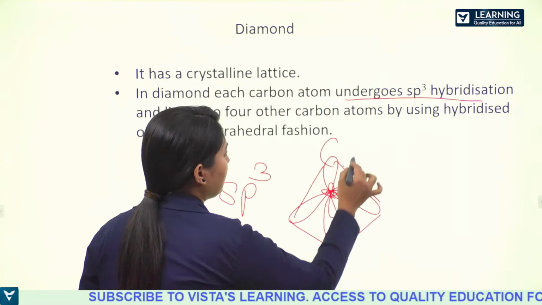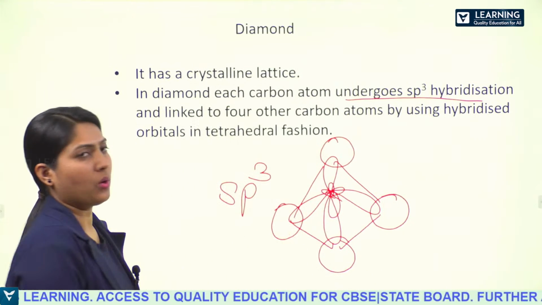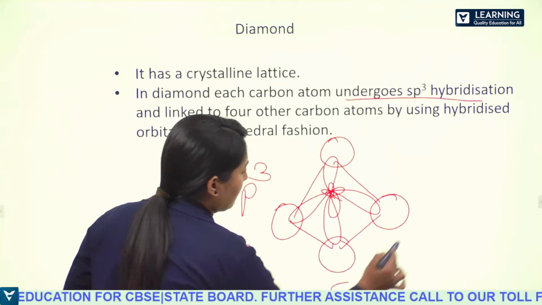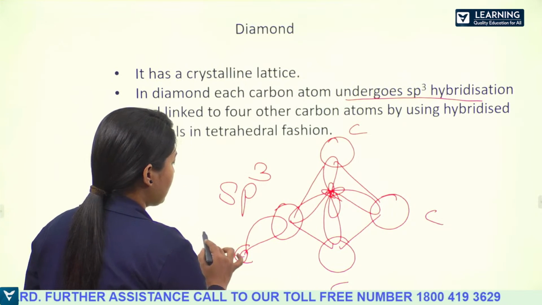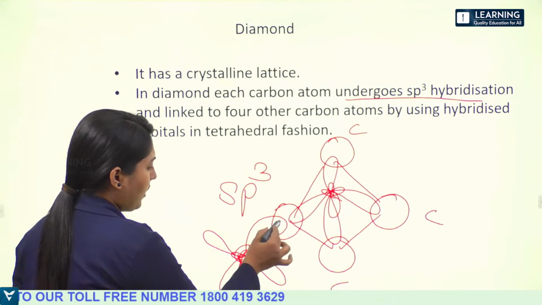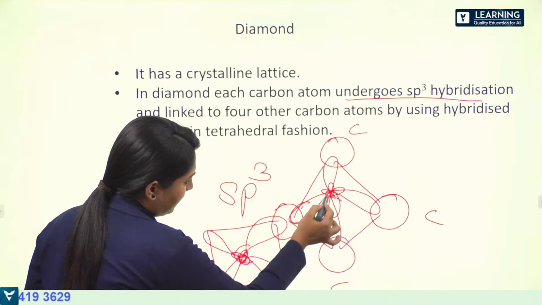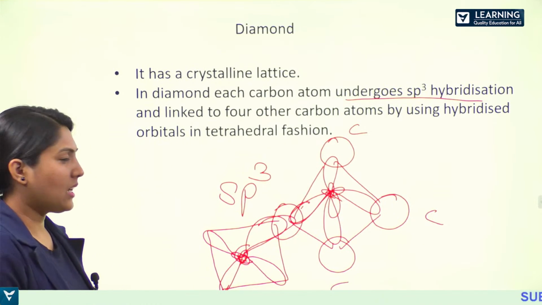each hybrid orbital can combine with the adjacent hybrid orbitals of other carbon atoms. If I have one more carbon atom here, it will also have the same hybrid orbitals. So this hybrid orbital will combine with this hybrid orbital of the adjacent carbon atom.